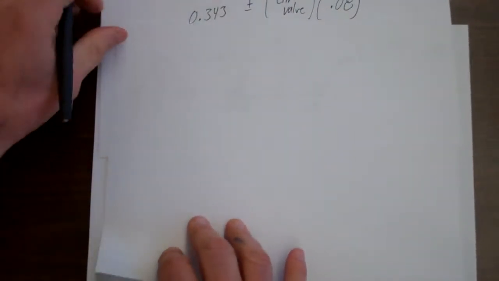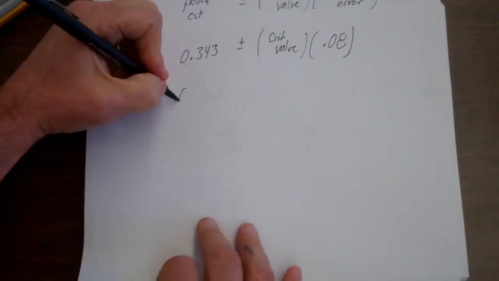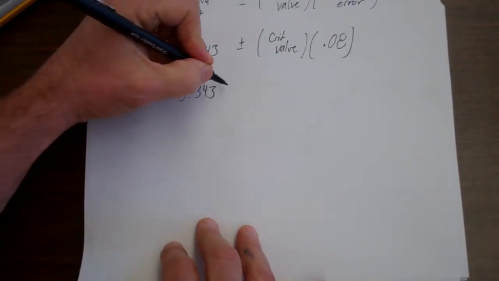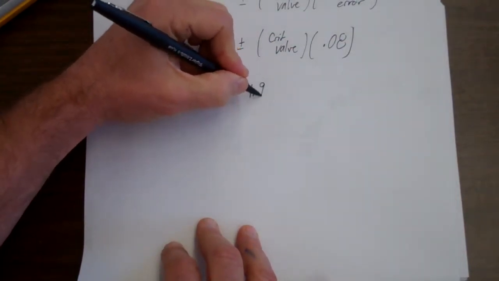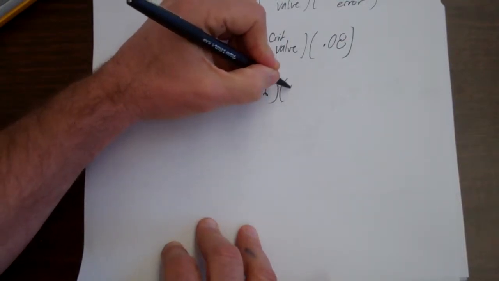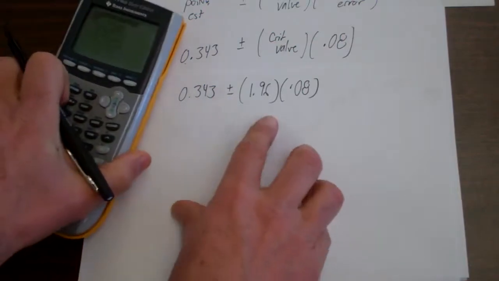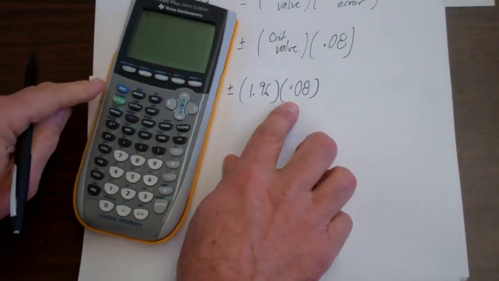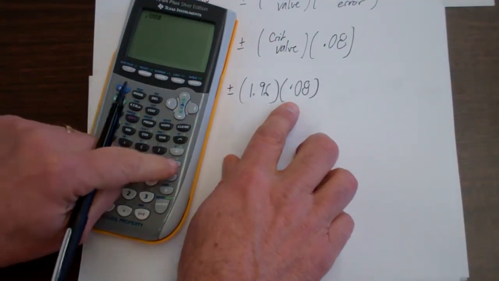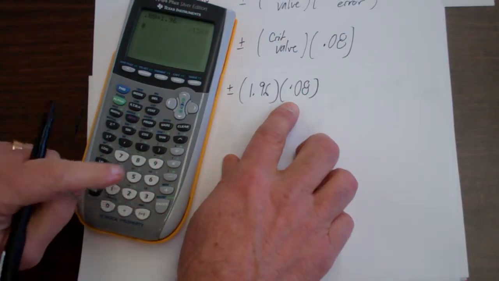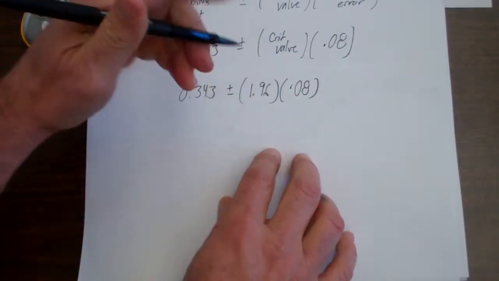So again, let's plug that in. We have 0.343 plus or minus 1.96 times 0.08. Remember your PEMDAS rules, you're going to multiply first. So that's 0.08 times 1.96, which is 0.157.